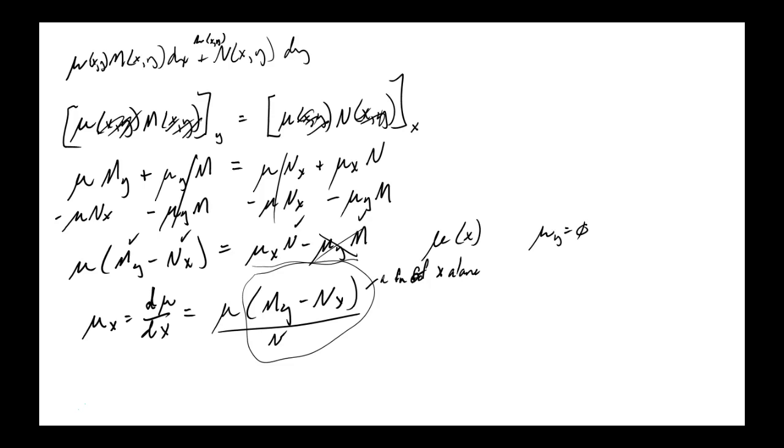D mu dx is equal to minus m sub y minus n sub x over n.